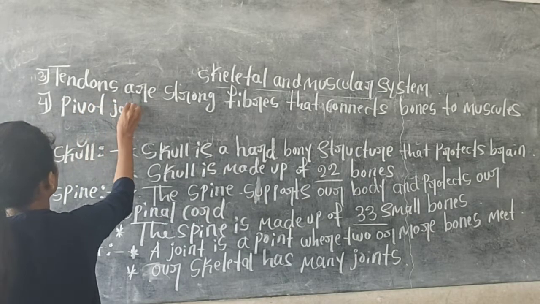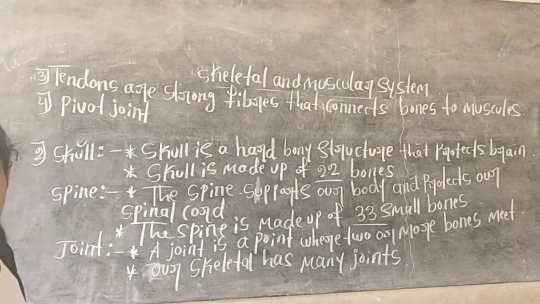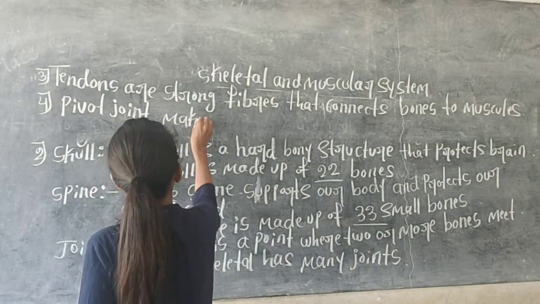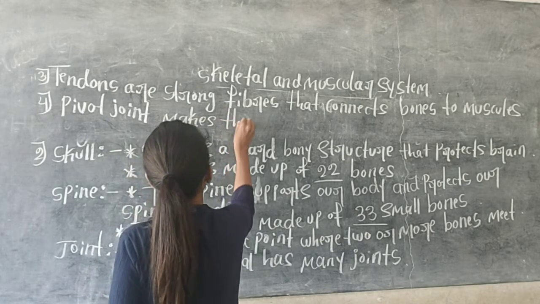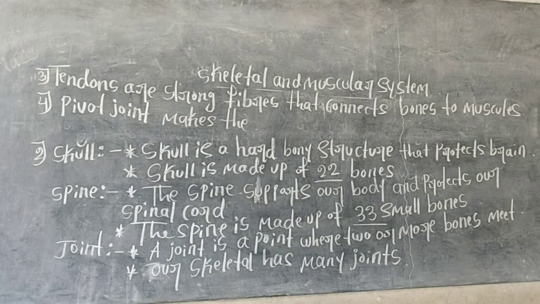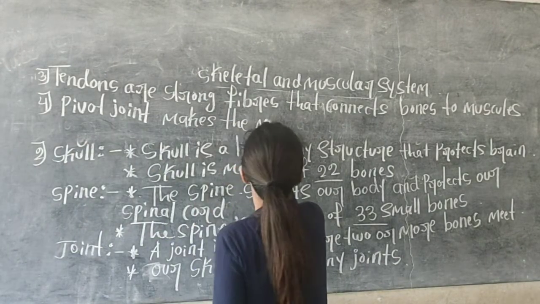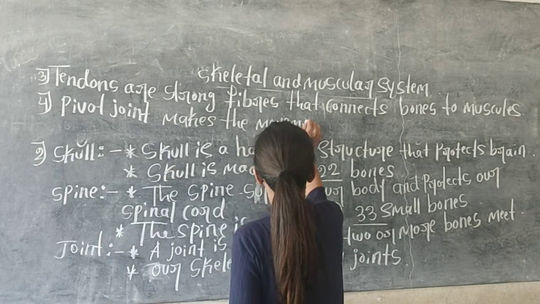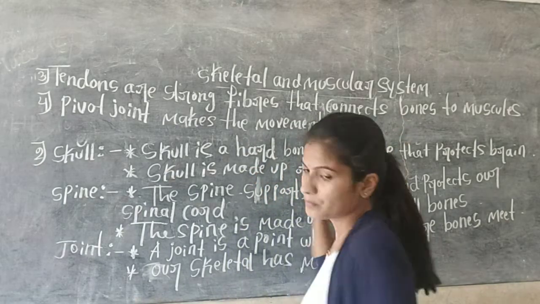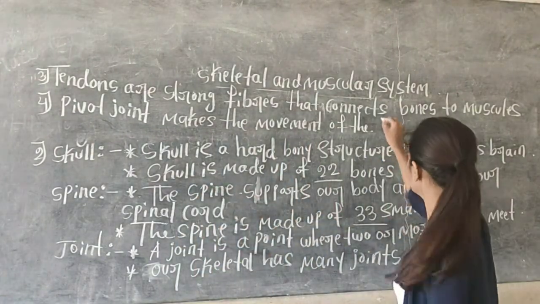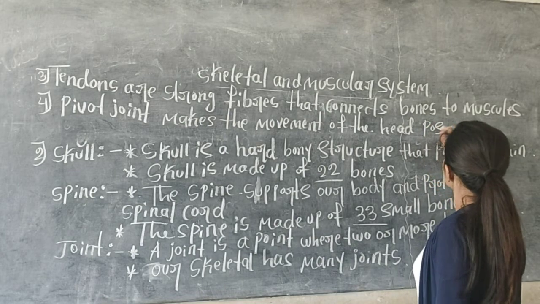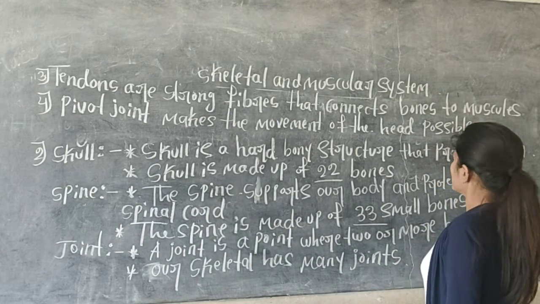Pivot joint makes the movement of the head possible. Which joint is that?